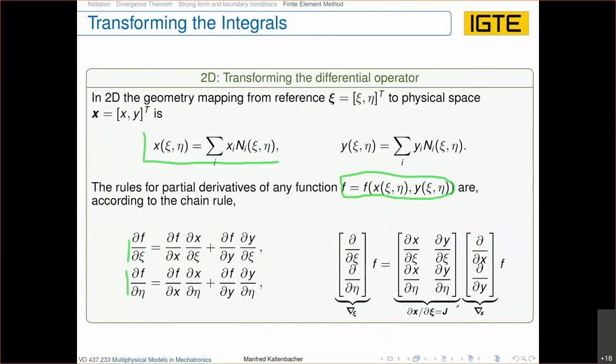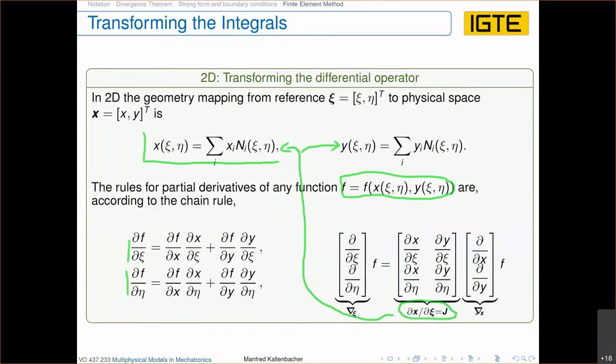Yeah, and that is exactly the Jacobian, what we have just written down formally before, the partial derivative of the global coordinates with respect to the local coordinates. And that is something which we can compute, because we have exactly these relations between the global coordinates x and y with respect to the local coordinates psi and eta.